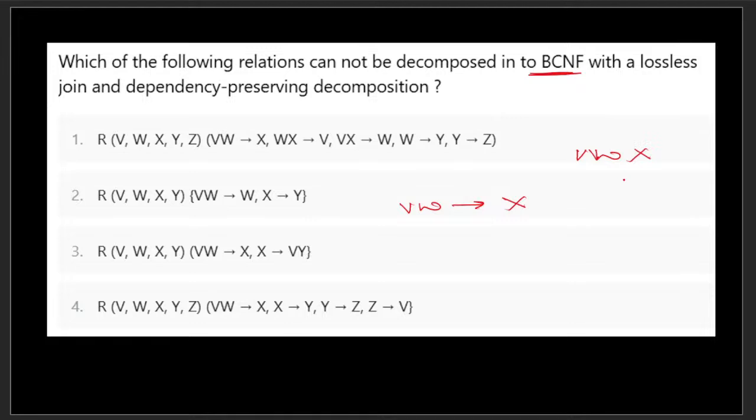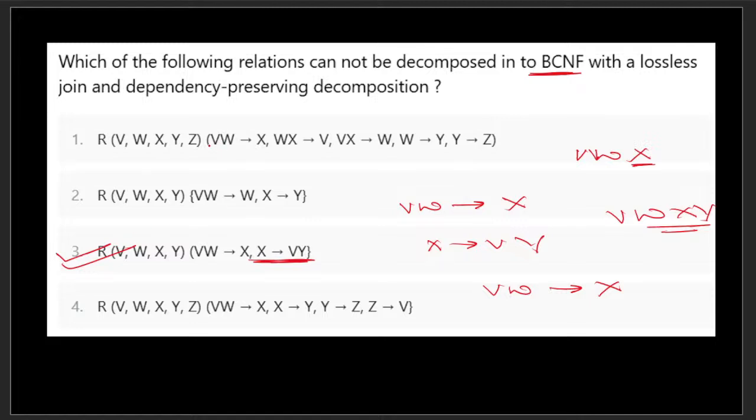X is not a super key, and X is deriving VY, this exists and it is violating the condition, because X cannot be the super key. That is why we cannot preserve VW deriving X in any decomposition of VWXY. Alright everyone, so that is why third is the answer.